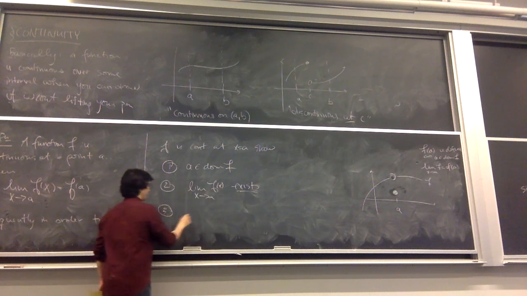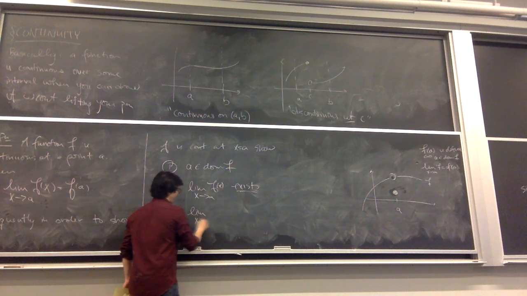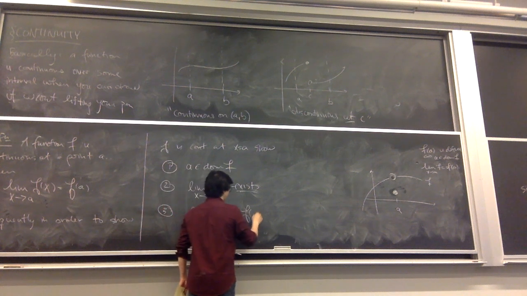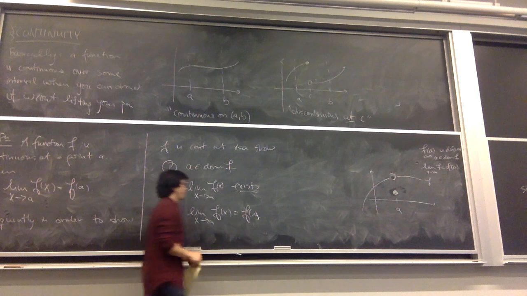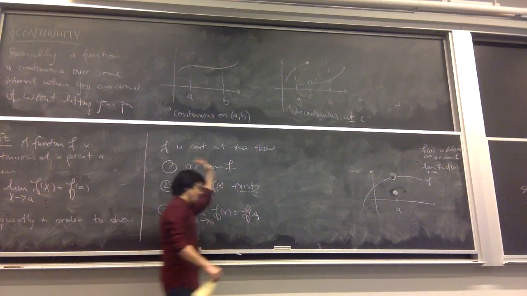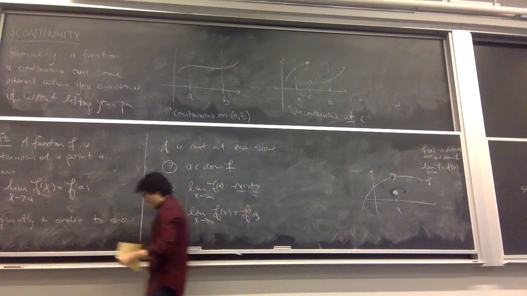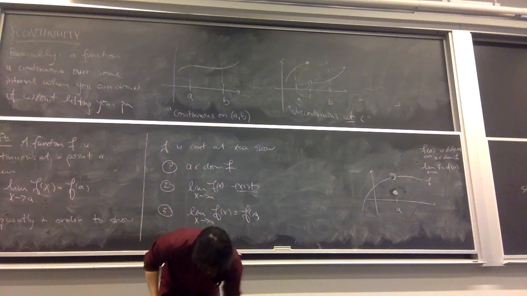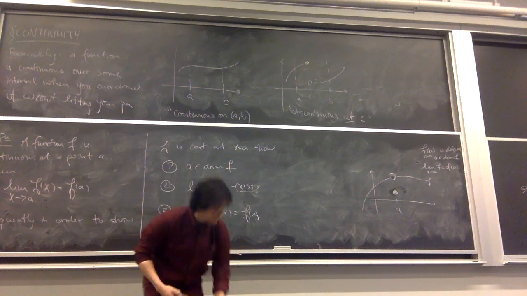Three, the limit as x goes to A of f of x is equal to f of A. This one line is compactly saying these three things. That's the nice thing about math, you can express a lot of things in small writing.